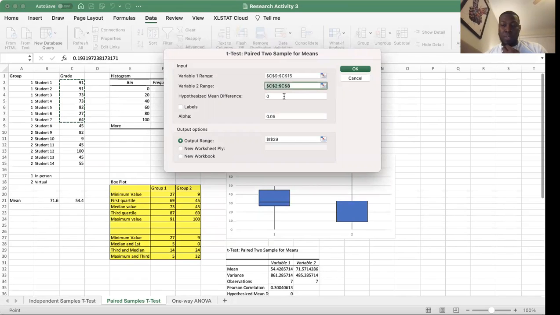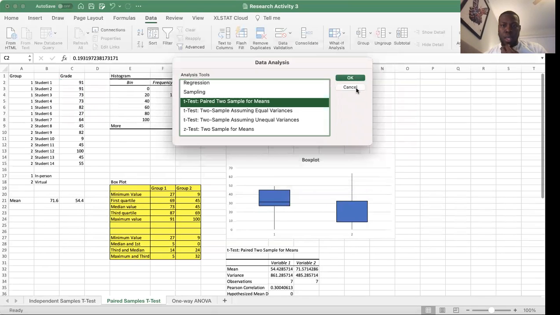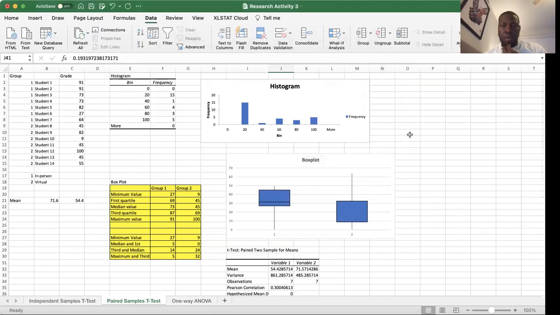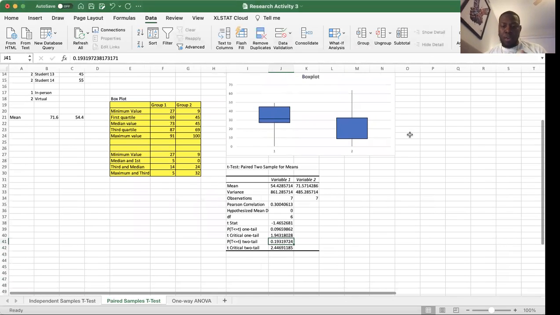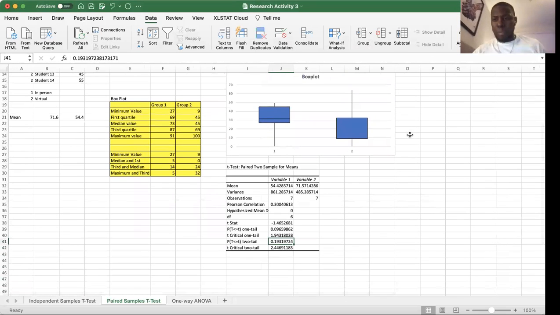My hypothesized mean difference is 0, of course, and the alpha is 0.05. And then my output range will be a space that I could click to put the information. Then I'm going to cancel all that. And once again, the p-value being greater than the alpha told me that I could accept my null hypothesis for the paired samples t-test.